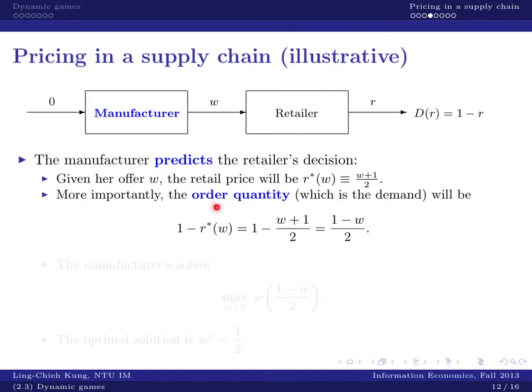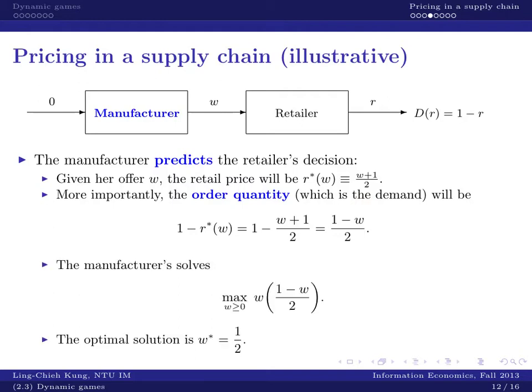The order quantity will exactly be the demand, the amount that the retailer can sell, which is 1 minus the retail price. Given the wholesale price, we know the retail price is just (W plus 1) over 2, and that's how we get the order quantity as a function of W: (1 minus W) over 2.